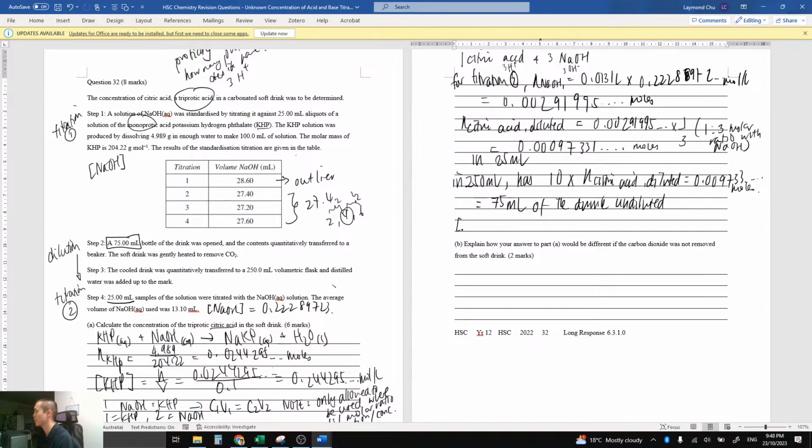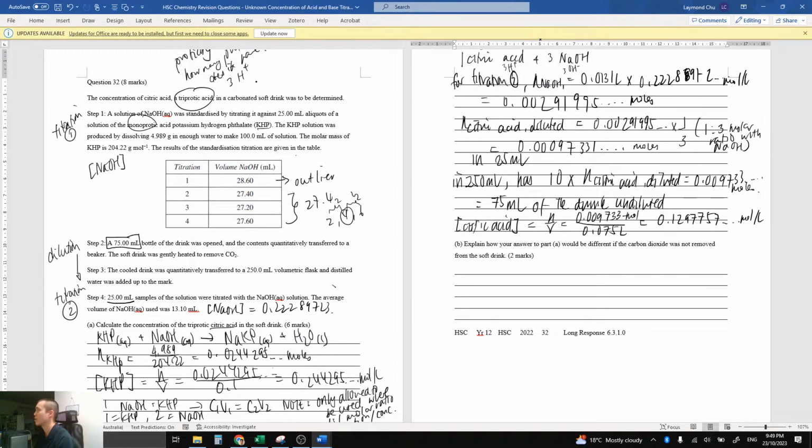So therefore, our citric acid concentration, n over V, is equal to that lovely number over 0.075 liters, which is 0.1297757 moles per liter.